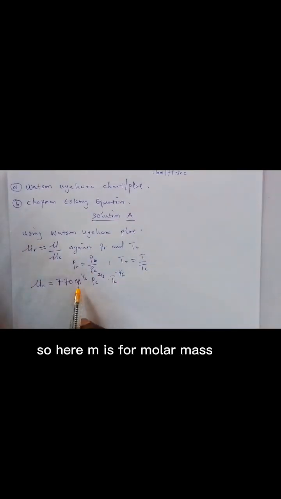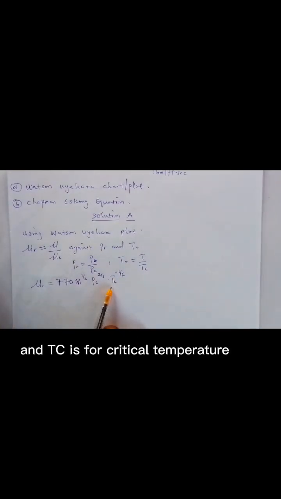Here M is for molar mass, Pc is for critical pressure, and Tc is for critical temperature.